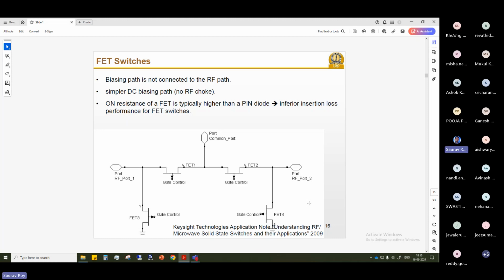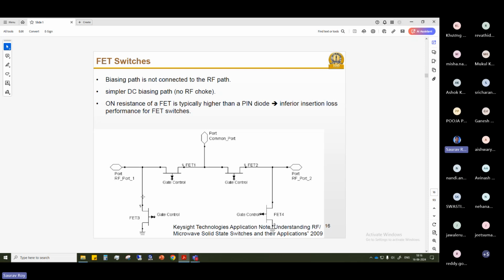There are some differences here. Now here the biasing is not connected to the RF path. It has separate biasing, because the gate control itself has a separate biasing. That is why it is different from the pin diode biasing. You do not need to connect the biasing line to the RF or microstrip lines or our other transmission lines. You can directly connect to the MOSFET itself.